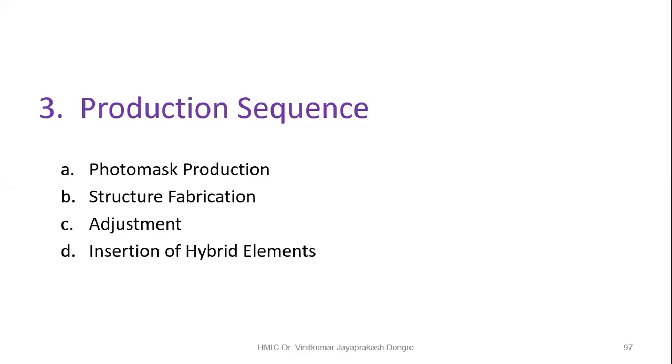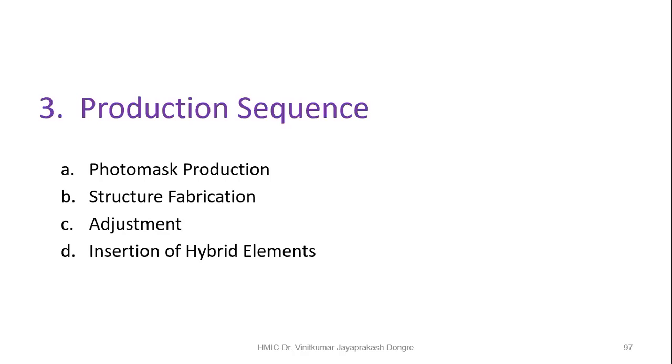These are the four steps for the fabrication, and one by one we will go through them. First is photomask production, as this is mass production. Then structure fabrication, then adjustment of the component value or the circuit if required, and then insertion of the hybrid element.